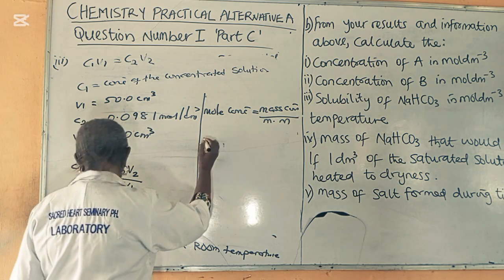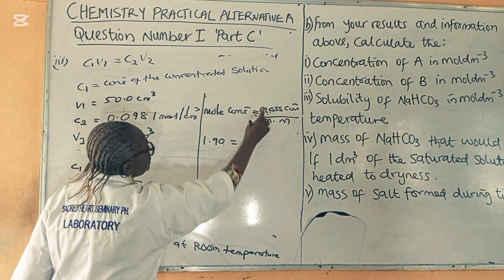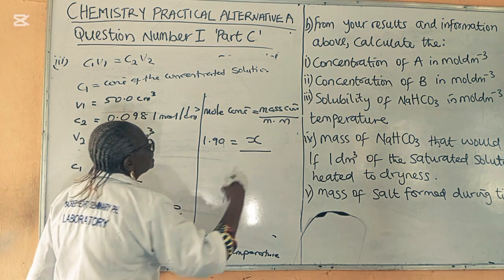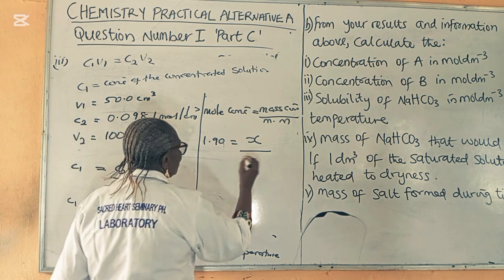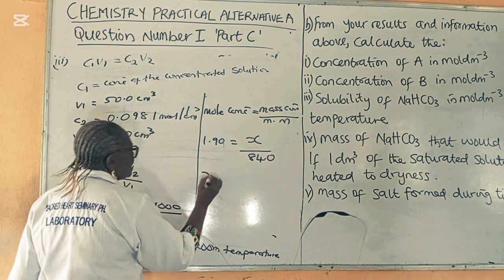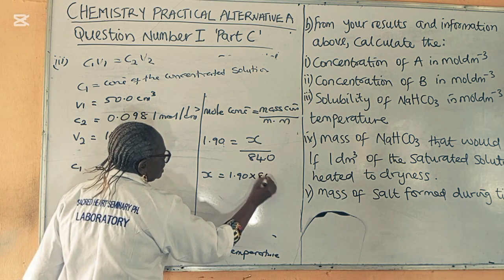Our mole concentration is 1.90. Our mass concentration we don't know, so we can target X. Then what is the molar mass of the sodium hydrogen trioxocarbonate 4? You got it before to be 84.0. Then making X the subject of your formula.